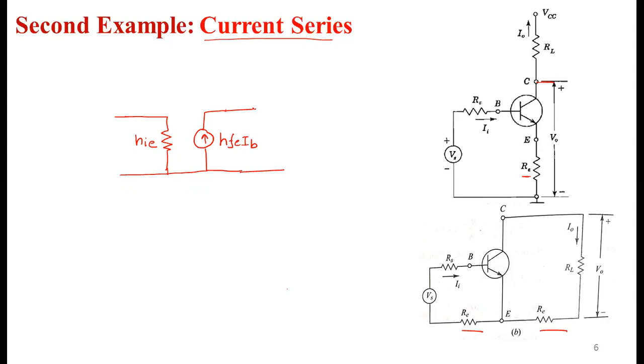Now we connect all other components. The first step was to ground the DC source, and in the equivalent circuit, we have already grounded the DC source. So let's connect all other components. Here we have RS, here we have RE, and here we have VS, that is the source voltage.